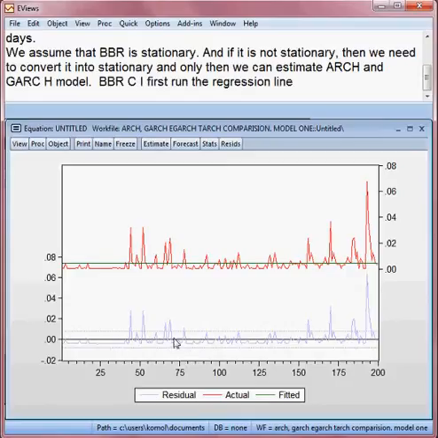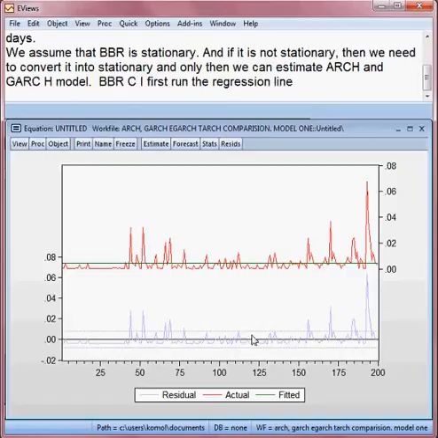It is the residual of our model. This is day 1, day 2, day 25, and up to day 200. The fluctuation is the residuals.